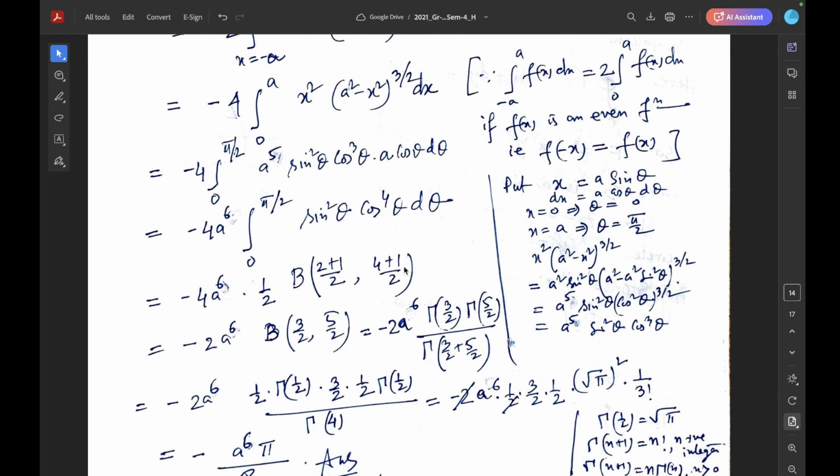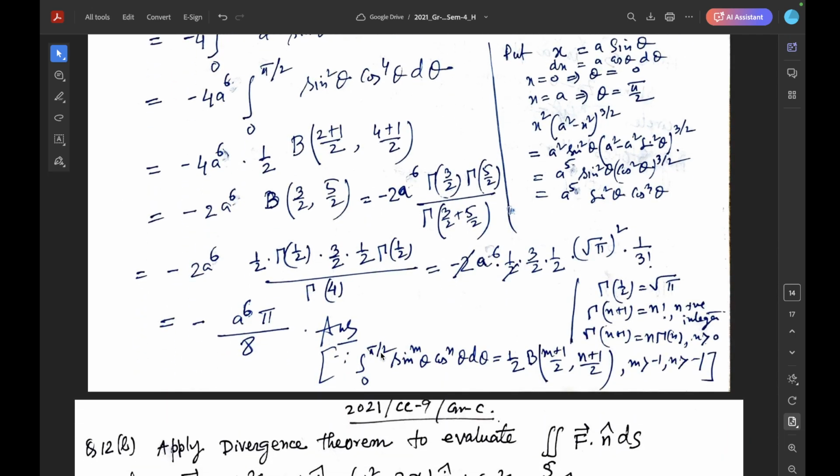And this is the beta function, because we know the integration 0 to pi by 2 of sin to the power m theta cos to the power n theta d theta equals half of B of (m plus 1 by 2, n plus 1 by 2), when m is greater than minus 1 and n is greater than minus 1. So B of (2 plus 1 by 2, 4 plus 1 by 2) is B of (3 by 2, 5 by 2), and B(m, n) equals gamma m into gamma n by gamma (m plus n).